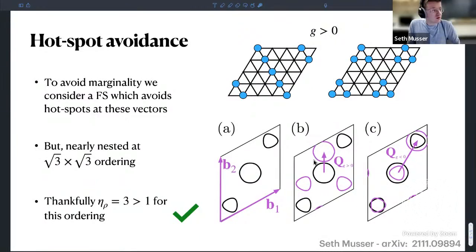Yeah. So I tried to search to see if I could avoid all hotspots, and that's not really possible. So you always end up having a hotspot either with the G greater than 0 or the G less than 0. Thankfully, G less than 0 for our theory doesn't tend to be important.